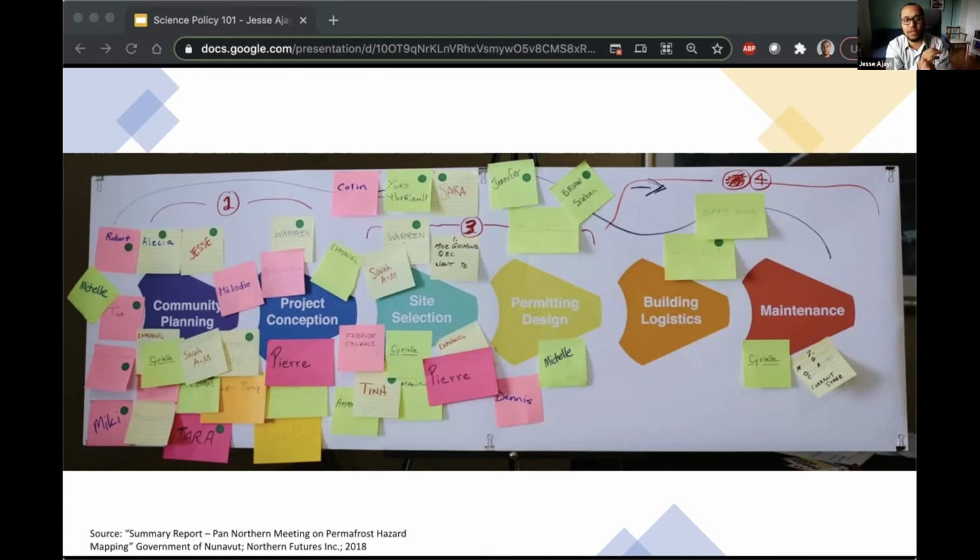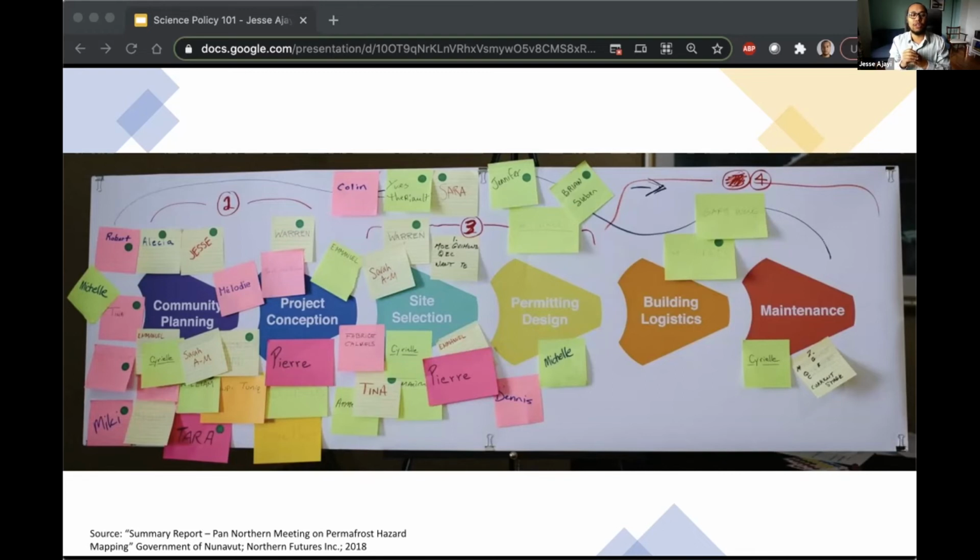It shows that the process begins with community planning, project conception, and then site selection, choosing which ground is suitable for building on. The permitting, that's the regulatory framework, and the design of the buildings or infrastructure, the logistics and actually the construction, and then maintenance. And so that's just one frame for looking at, beginning to end, what we mean when we talk about development.